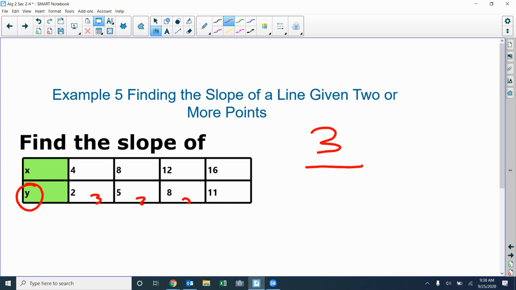I give them one of these on a quiz, and they mess it up because they forget to put the y on top. What's my x doing? 4, 4, 4. There's your slope. So if I give you one of these, make sure you get the change in y on top. We did this earlier in the week, didn't we? From the diagram like this. All right.